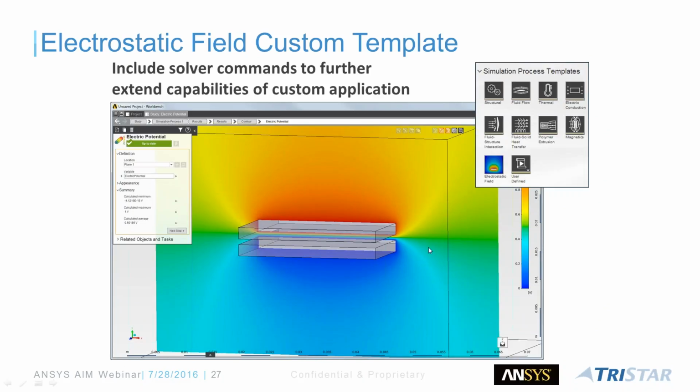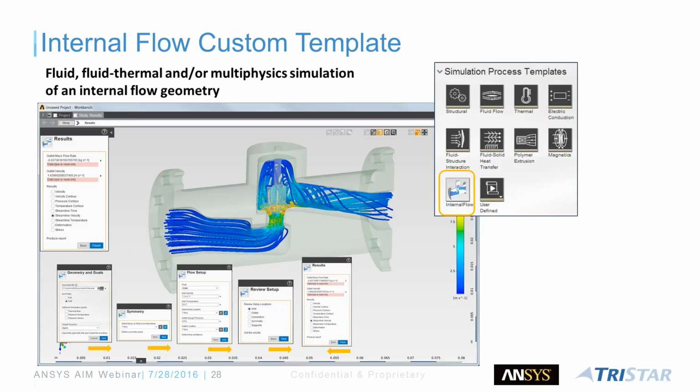So here's an example of the electrostatic field extension. Here's an example for an internal flow custom template, where the user may not be experienced in computational fluid dynamics, or CFD. That's new to him.